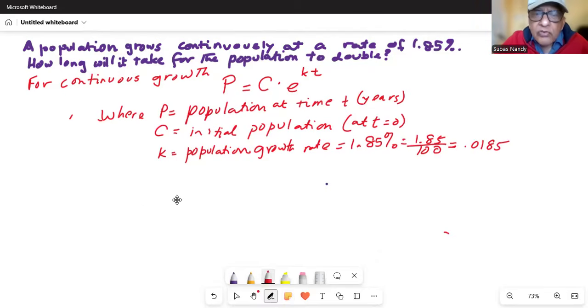So we know the final population will be twice the initial population.